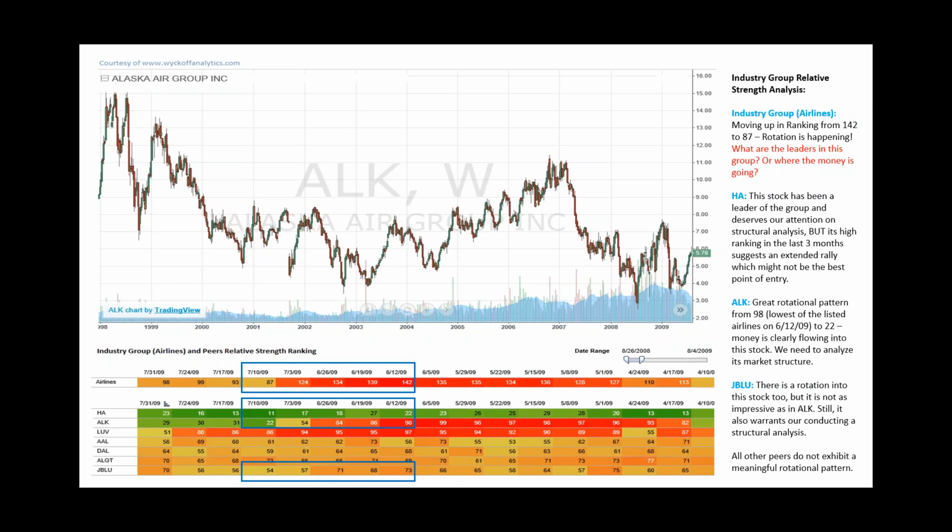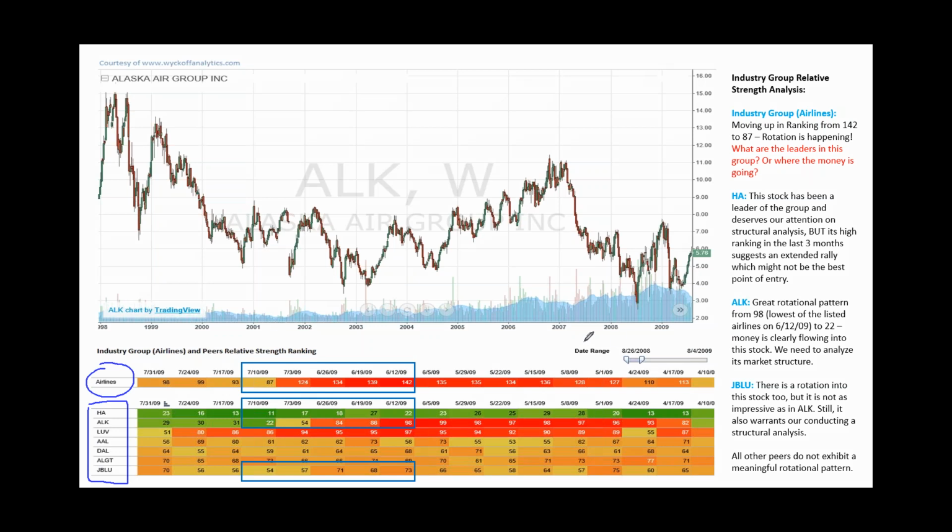Yes. So we have the stock, and then we also have, and I took this from our heat map, a ranking for the industry group, airlines, and then I put here big and medium cap stocks for this industry group.